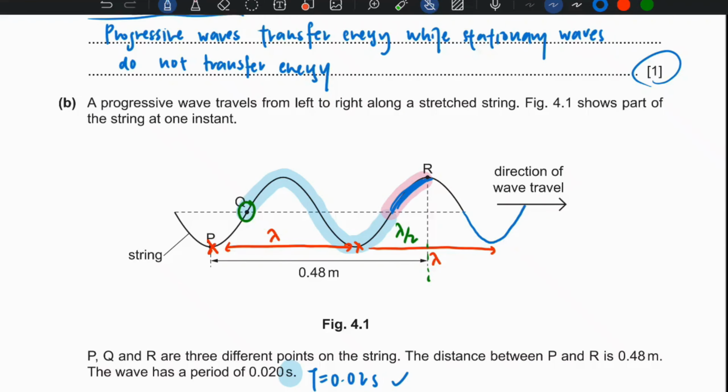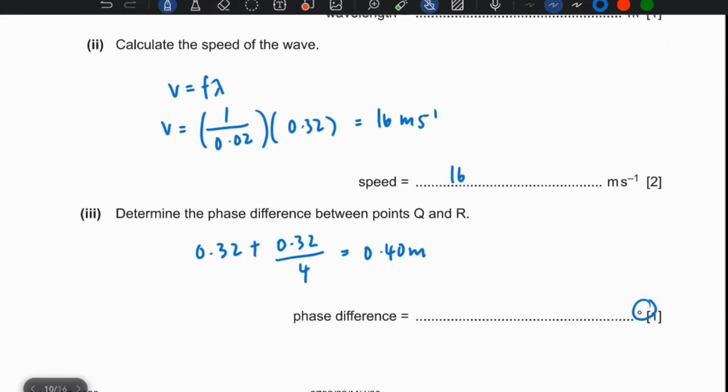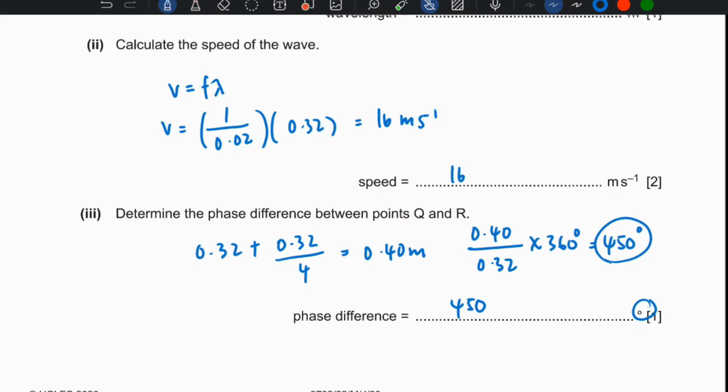From Q to R, this is one wavelength, then we have a quarter. When you do this, let me take my calculator, divide 4, you'll get 0.40 meters. So you want to know what's the phase difference? Basically, the distance between points Q and R divided by the wavelength, which is 0.32, times 360 degrees, and you will get 450 degrees. That is your answer. This 450 degrees basically means it has gone 2 cycles.